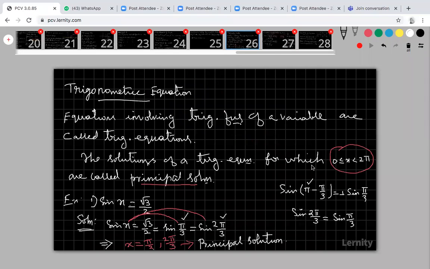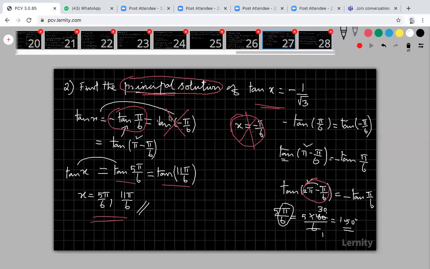Why? Principal solution means your x lies between 0 and 2 pi. Only then is it called a principal solution. If you choose x as minus pi by 6, I accept that it is a solution, that it satisfies this equation, but it is not a principal solution.